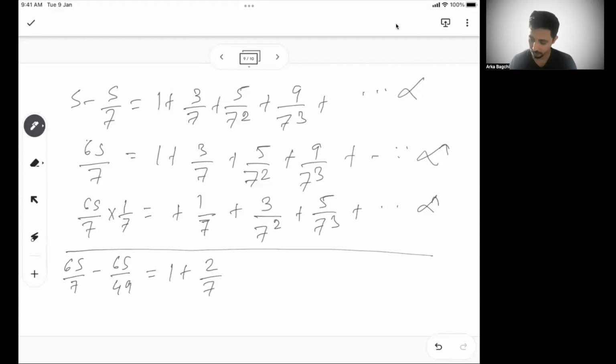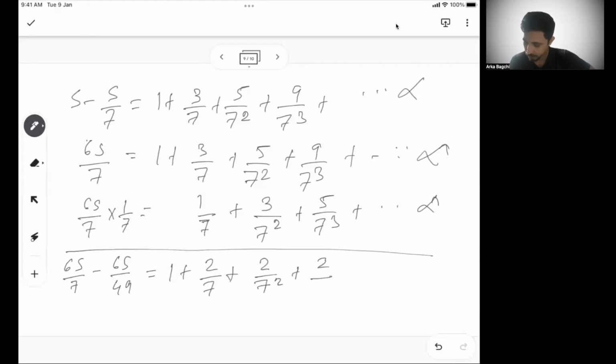Equals 1 plus 2 by 7. Since I started writing after the first term, this is 2 by 7 square.